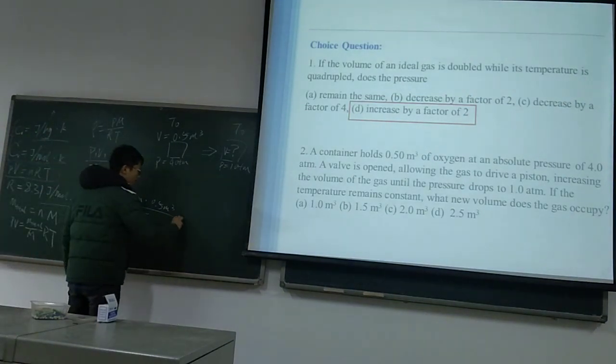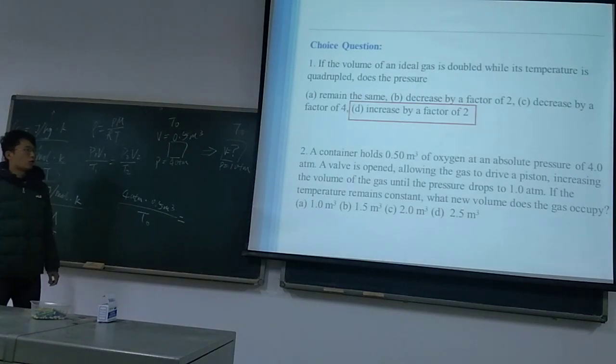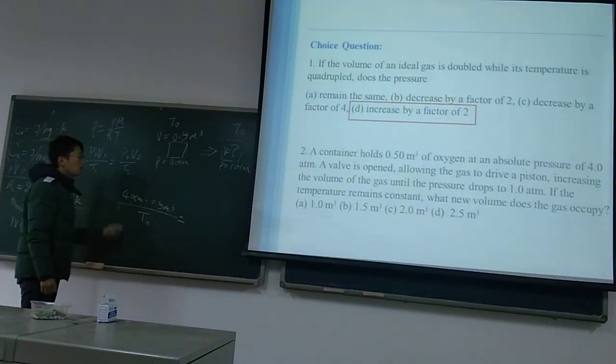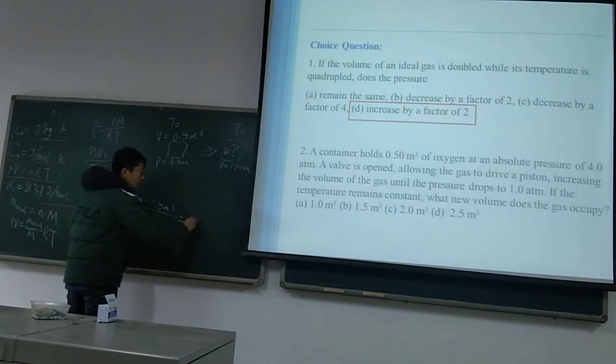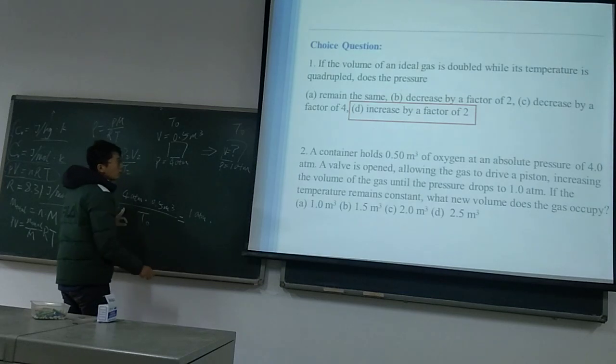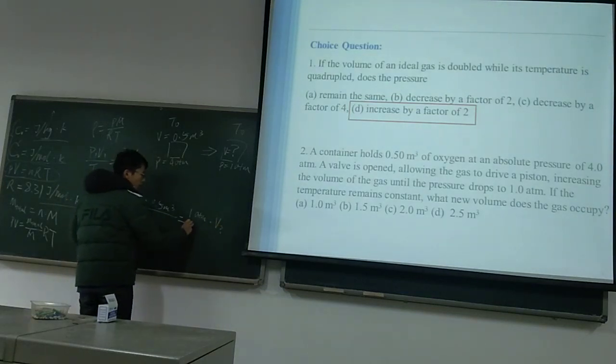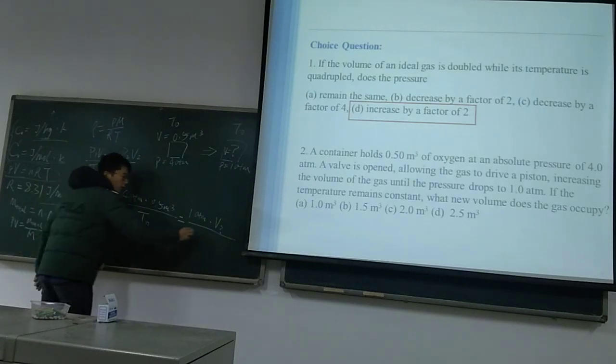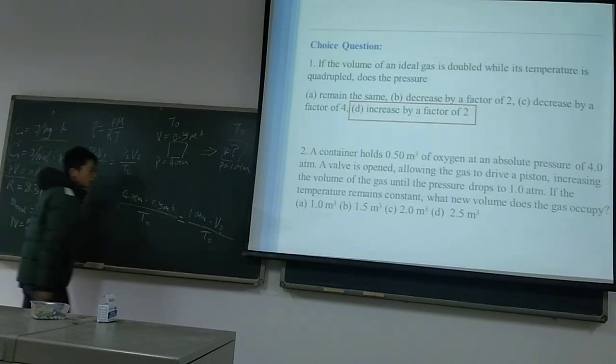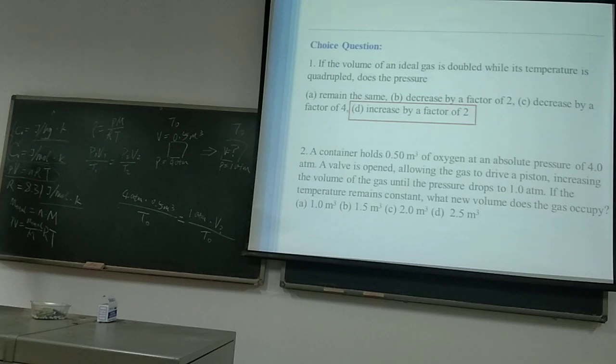They are equal to the state after the variation, where the pressure becomes 1 atm times the volume we want to know, divided by the temperature, and yes, T0 is unchanged.